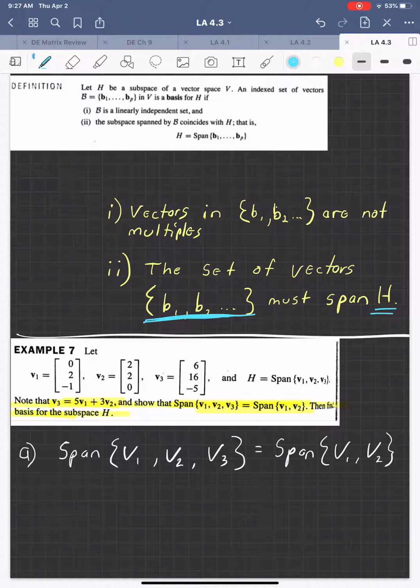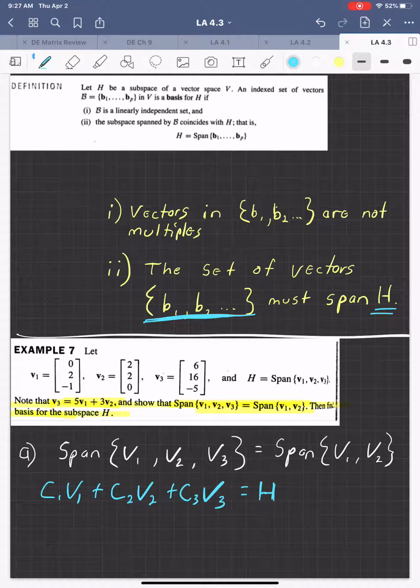Remember, the span is just the linear combinations of the vectors. And what they're really saying here is, from that linear combination, you can reach every single point in your subspace H.